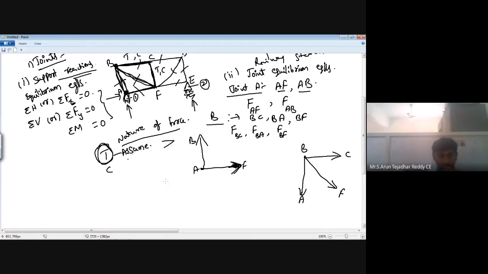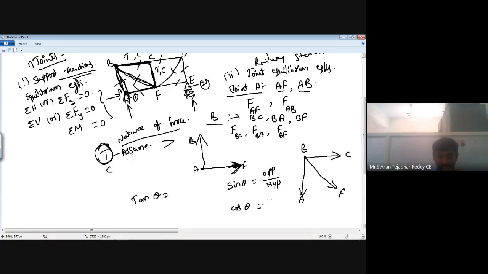But before calculating by the method of joints, method of sections, or tension coefficient method, first you should know what sin theta is and what cos theta is. When are we going to apply sin theta, cos theta, and tan theta? First of all, sin theta means opposite by hypotenuse. All of you note down this point.